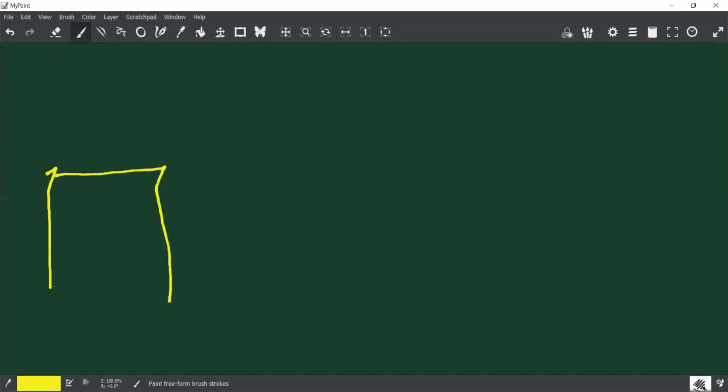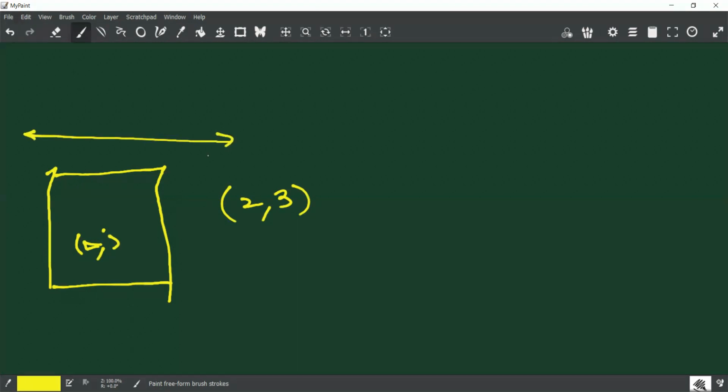Given a square, and the center of the square is given. The coordinates of the center are 2, 3, and the two sides of the square are parallel to the line 3x plus 4y is equal to 5.